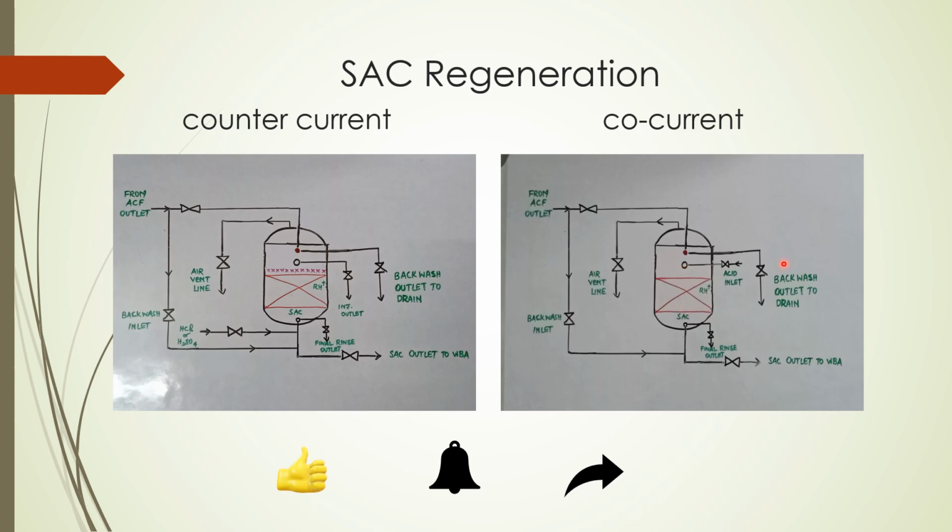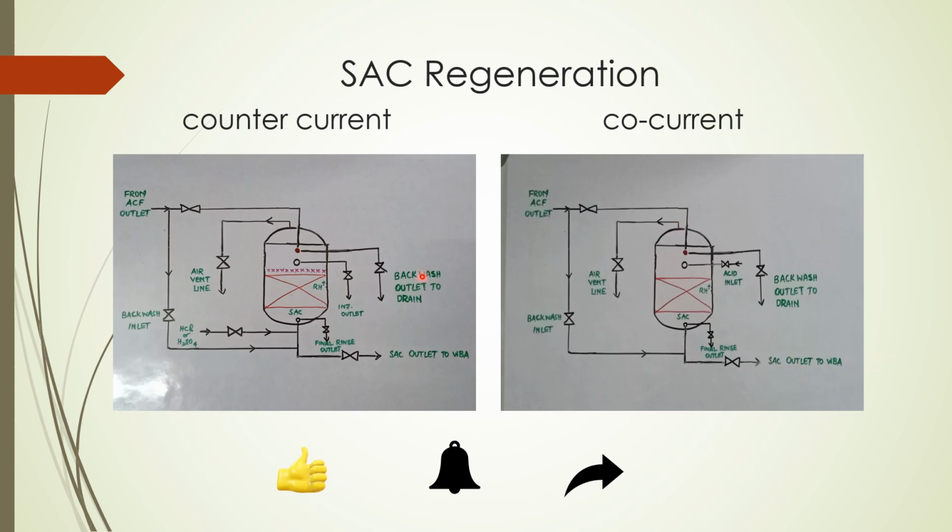After injection is completed, we have to use the inlet water for final rinse, and that is also drained out with the drain line. And if the FMEA is equal to the service FMEA or equal to the EMEA, then regeneration is taken as completed and it is stopped. This outlet is going to the WBA.